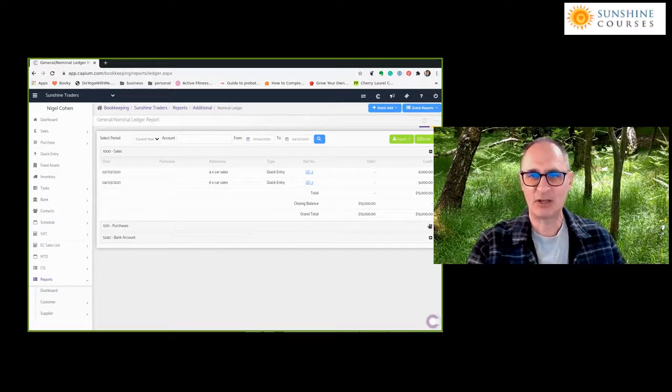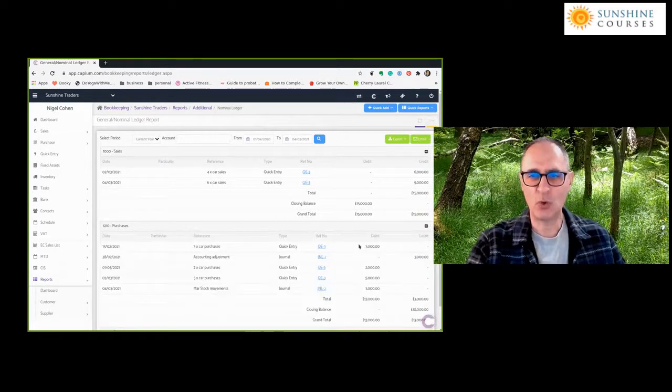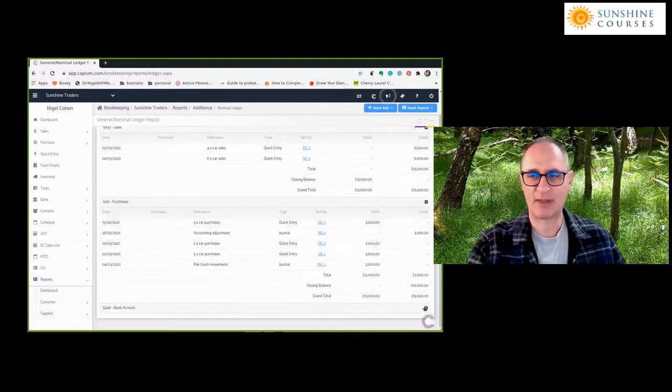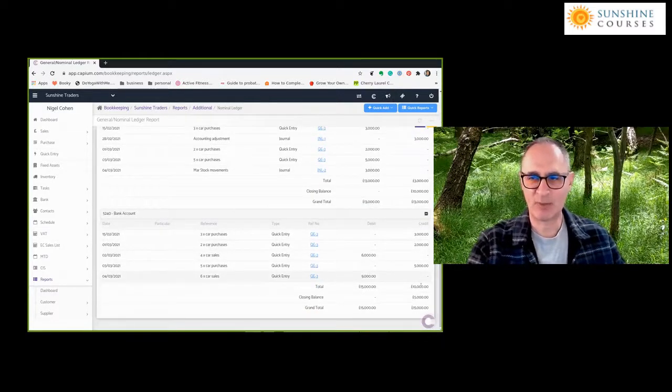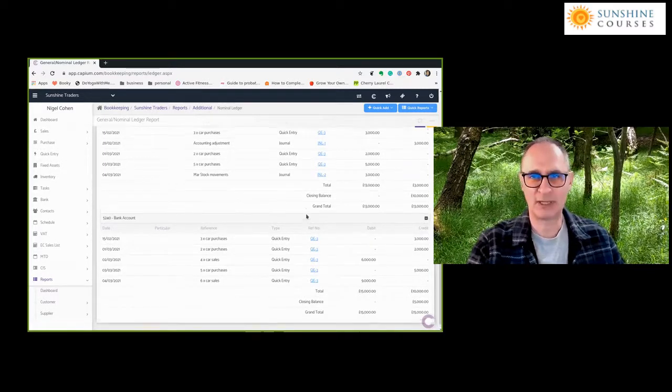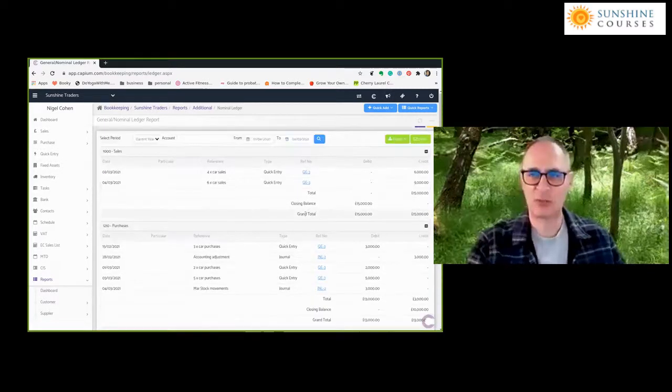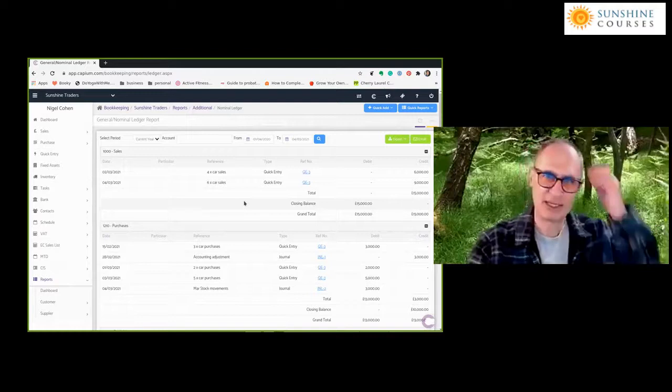For each nominal account, you can look at all the transactions that go to make up that balance. So if I want to look up all the transactions as to how I got to my bank account, I can look at it through the nominal ledger. As I said, the reason I wanted to show this to you is the nominal ledger is such an important and valuable aspect of accounting. So I just wanted to illustrate that back to you.